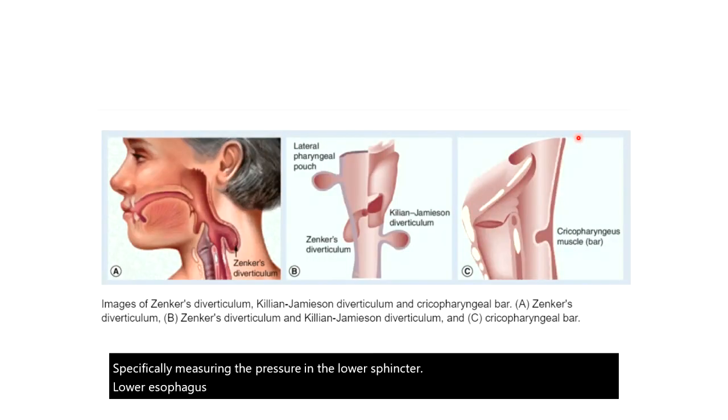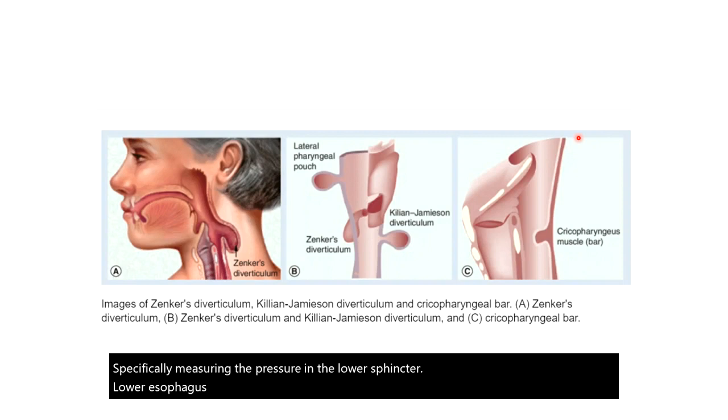Other disorders in the esophagus have to do with the presence of a diverticulum. In this case, we call it Zenker diverticulum. It's a diverticulum located in the hypopharynx, due to an anatomical problem in the cricopharyngeal bar.